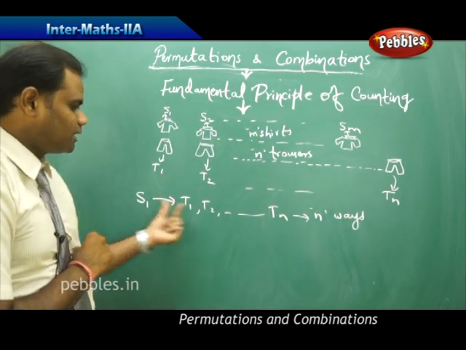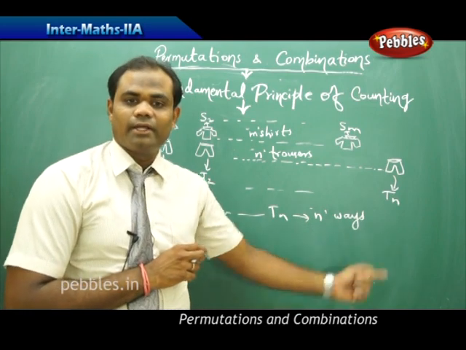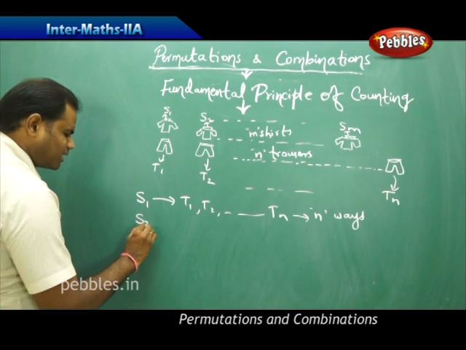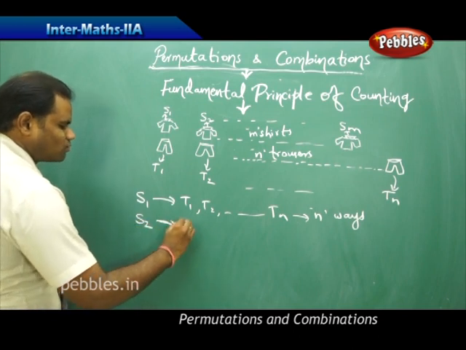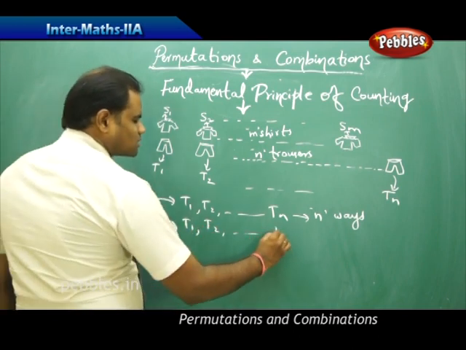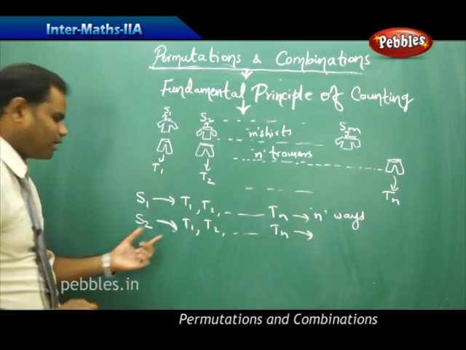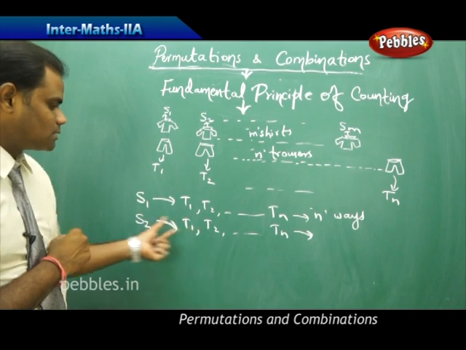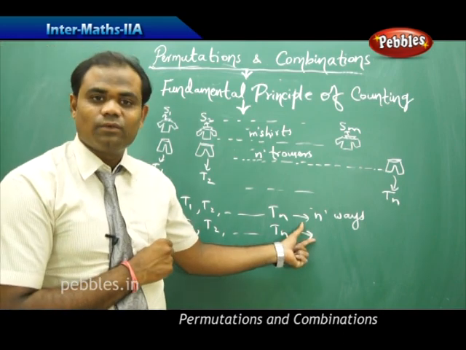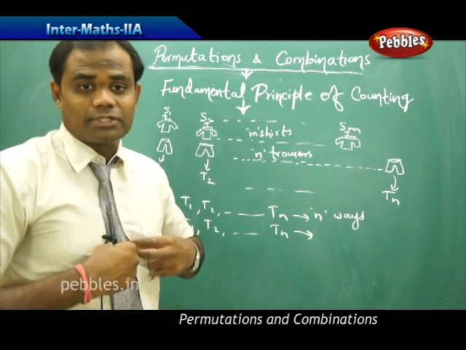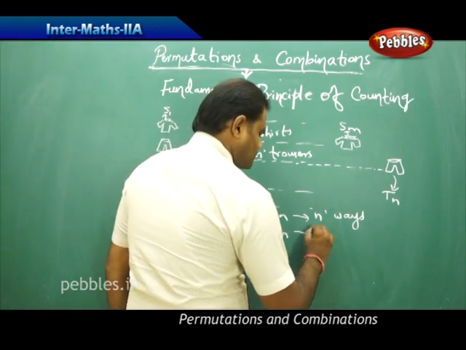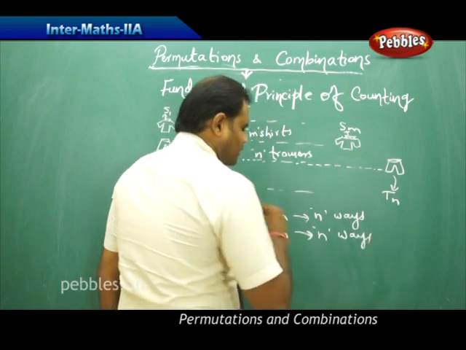Similarly, my second shirt S2, if I want to wear it with each of the trousers, I can do that also in N different ways, because there are N trousers. This is possible in N ways.